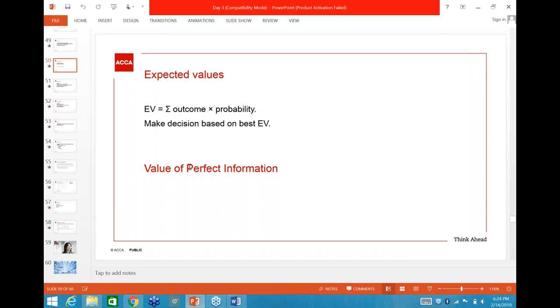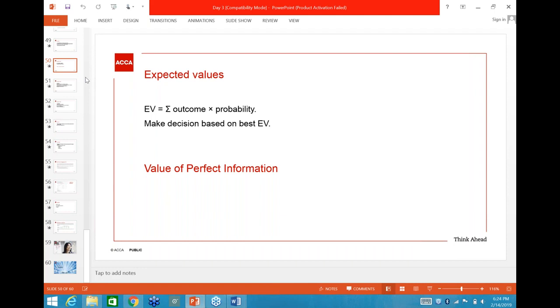Value of perfect information. Sometimes there'll be a situation where you have the option of doing research to get a better idea of what will actually happen. But the research will come at a cost. So are you willing to spend that money?